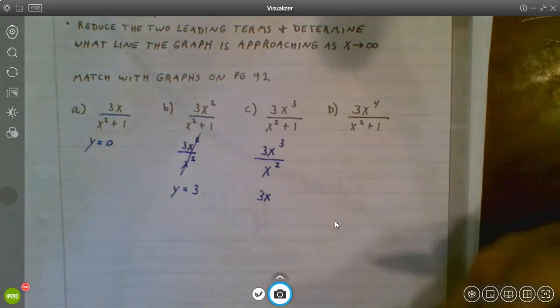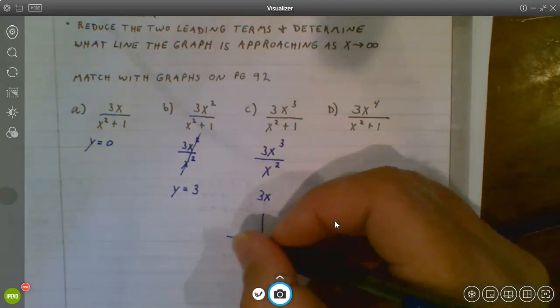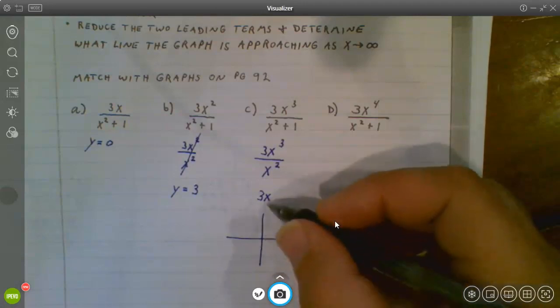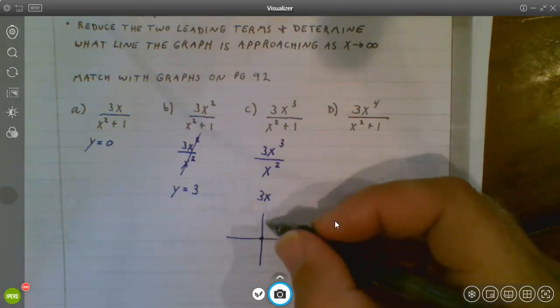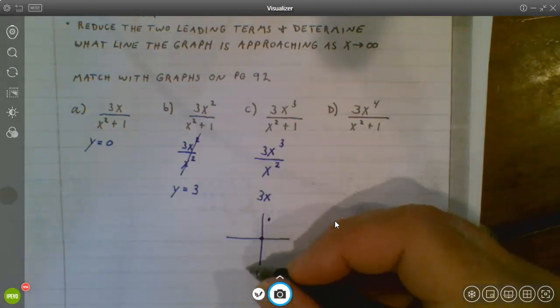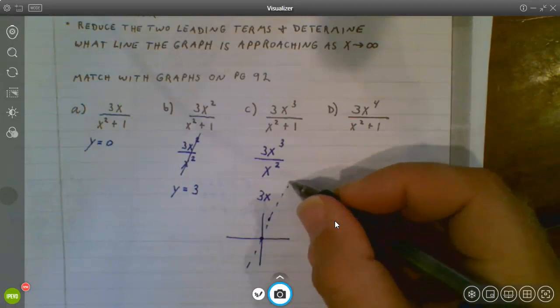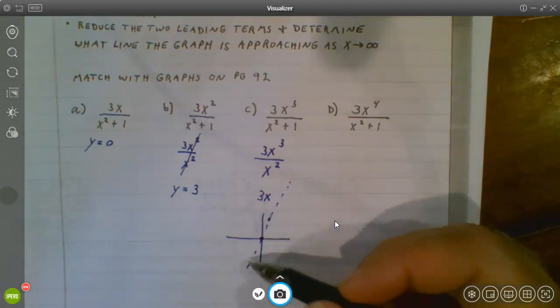Well, what does a line of 3x look like? If I just said graph the line y equals 3x, how would you graph that? It would be a function that starts at 0 and goes up 3 over 1, so it's going to be a line that looks like this. So we need to find which of those graphs is approaching this line as I move to the right.